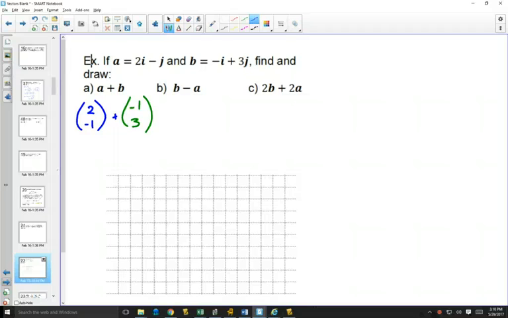That would be starting here, 2 to the right, 1 down. This would be A. I'm not going to put the arrowhead on that yet. I'll put the arrowhead when I do some work with these. And B is negative 1, 3. This would be B.